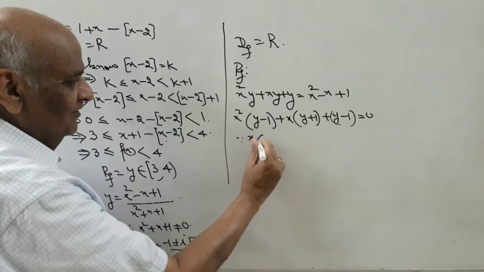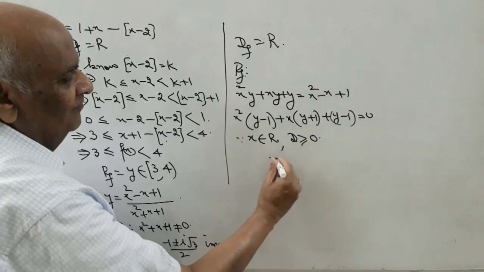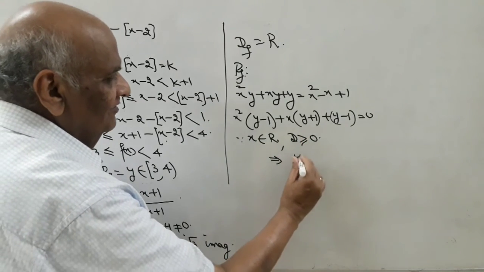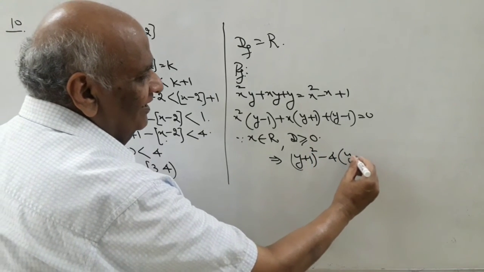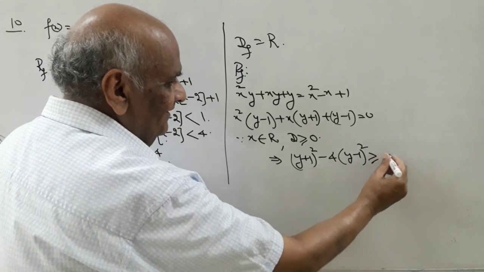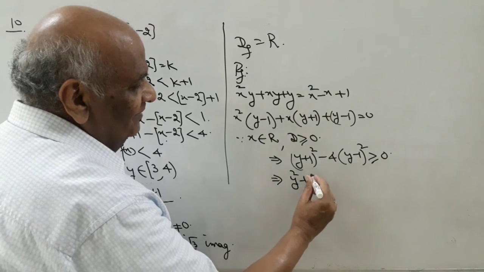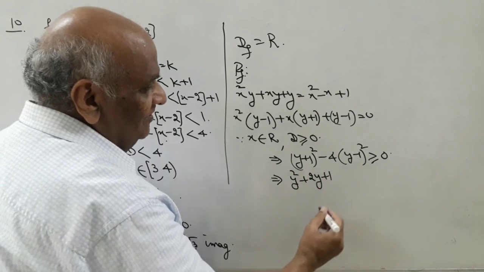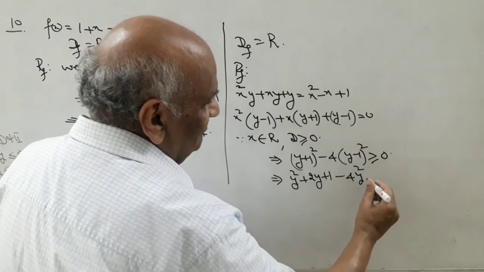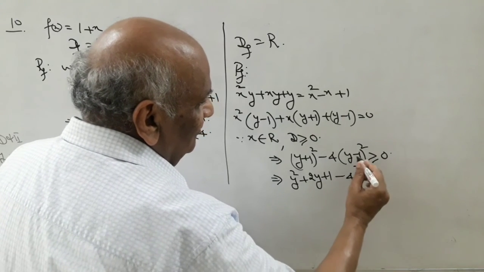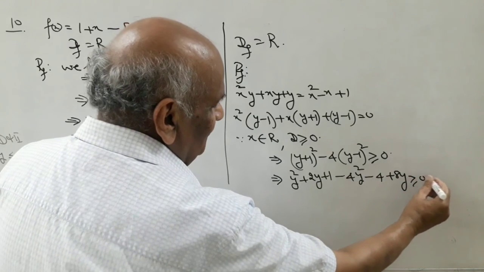Because x belongs to R, the discriminant is greater than or equal to 0, implies (y + 1)² − 4(y − 1)² ≥ 0, implies y² + 2y + 1 − 4y² + 8y − 4 ≥ 0.